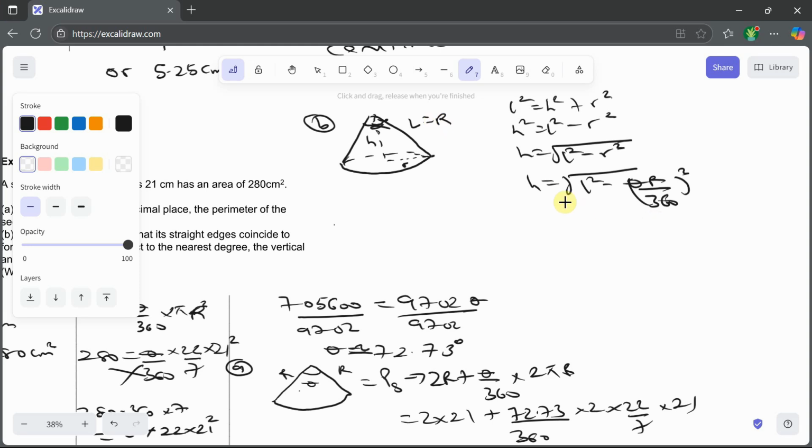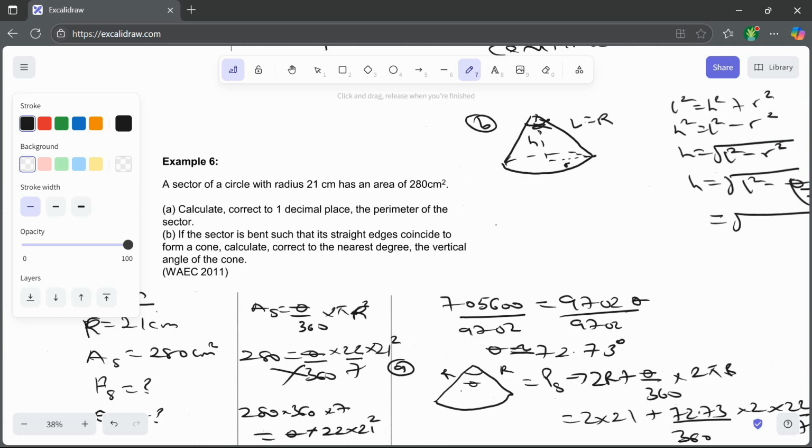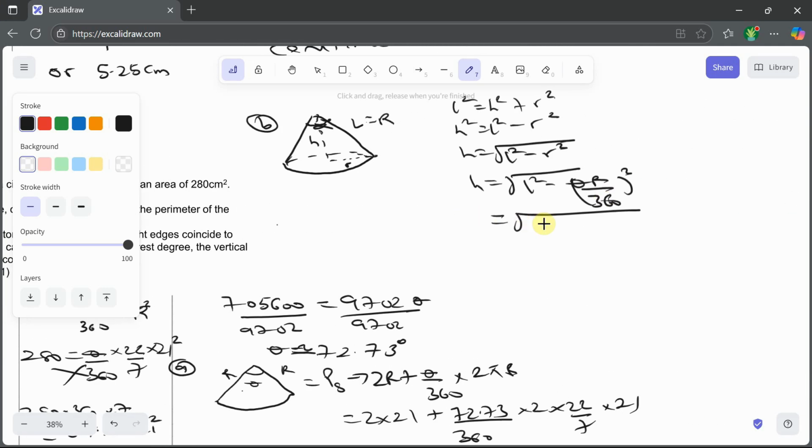So let's just substitute. That will be the square root of, what is our R? Our R is 21, so that will be 21 squared minus the theta, which is the angle that was used to form the cone, 72.73, times 21 all over 360, all squared. So the square root of, what's 21 squared?